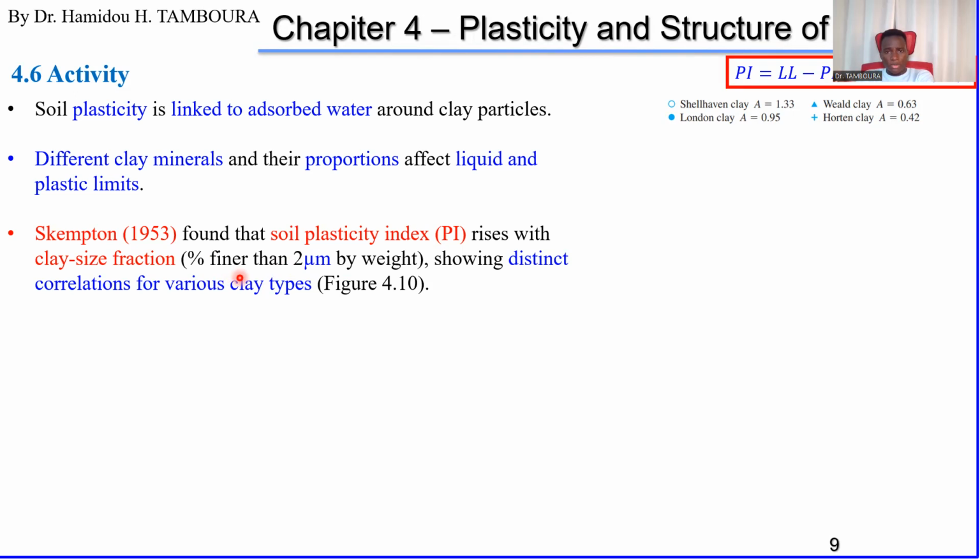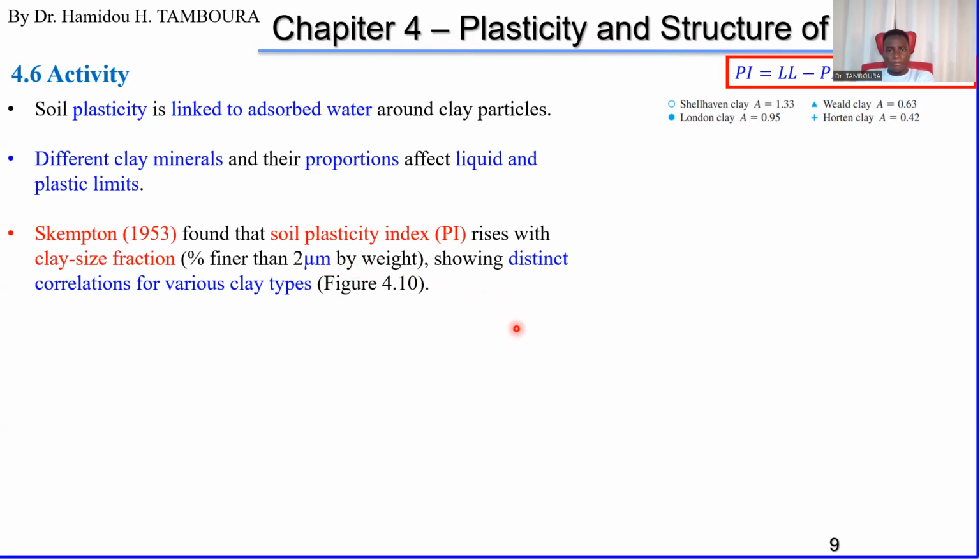So he found out that the plasticity index is rising when the percentage, by weight, please, of the clay size particles is increasing, meaning particles whose diameter is really small, smaller than 2 micrometers.